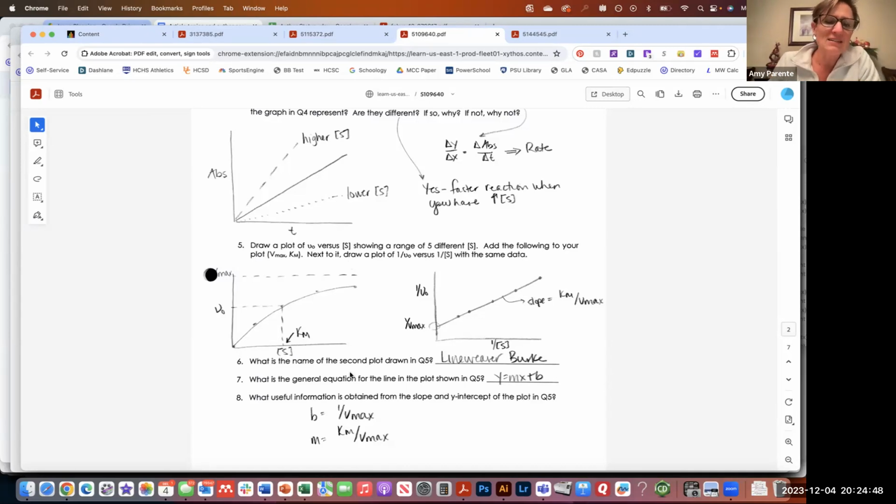But we can't solve this equation in a simple way to get what Vmax is. So by plotting as a double reciprocal, we can get things as a straight line. And then from the y-intercept, we first determine what Vmax is. Since the slope is a ratio of Km over Vmax, once we know Vmax from the y-intercept, we can use the slope to determine Km. Questions?